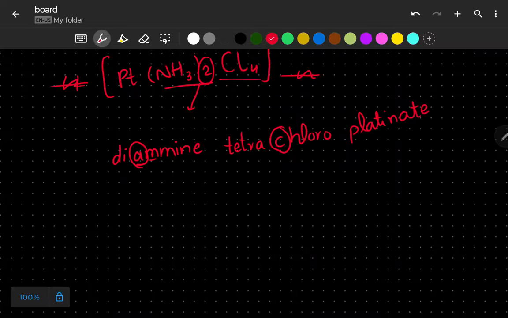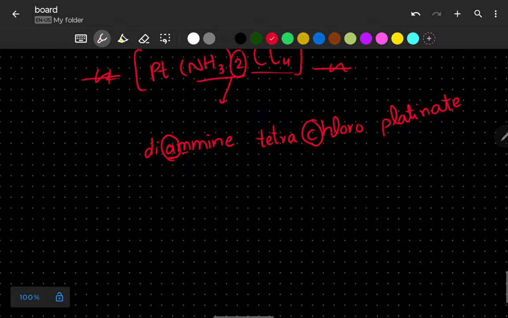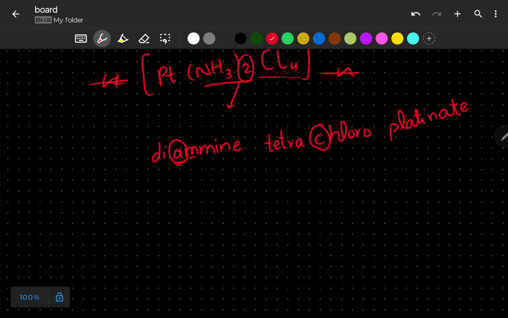Now calculate the oxidation state. We will write for platinum X plus 2, ammonia is a neutral molecule, so 0, plus 4 into -1. This gives us X plus 0 is equal to 0 minus 4, so X is equal to 4.